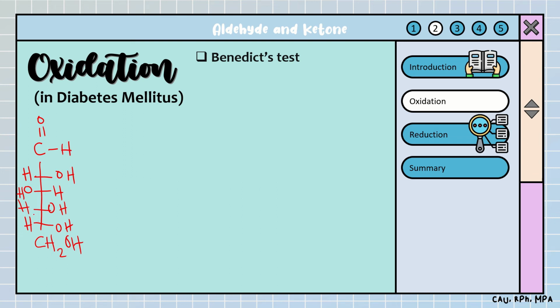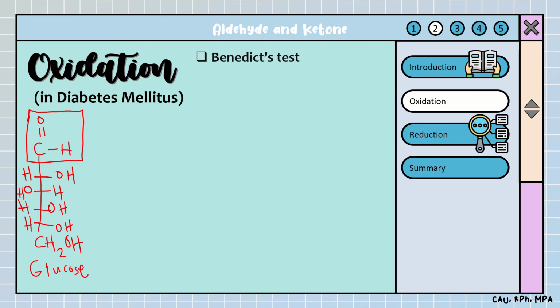So this is the structure of your glucose. If in the Benedict's test the solution becomes brick red, it is an indication that there is glucose. Why? Your glucose has an aldehyde in its structure.